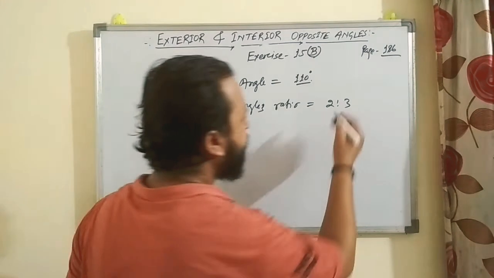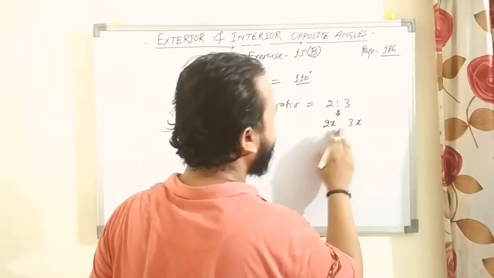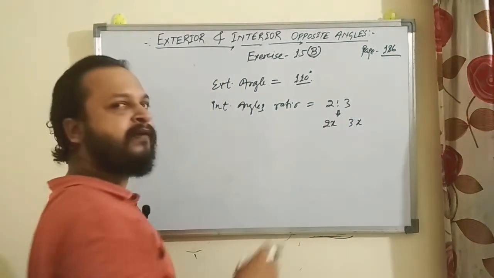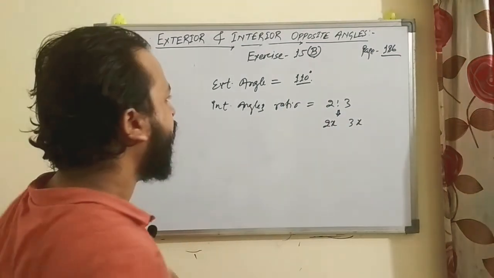So just suppose them as 2x and 3x. Why? Because some common part was eliminated from here, so that's why you are getting this ratio value, right?